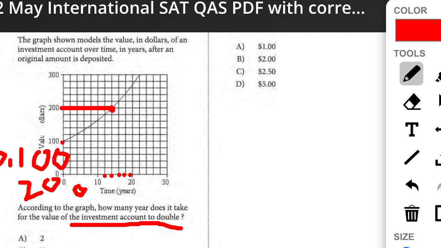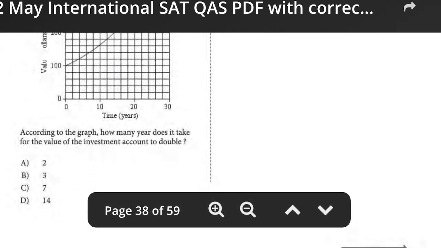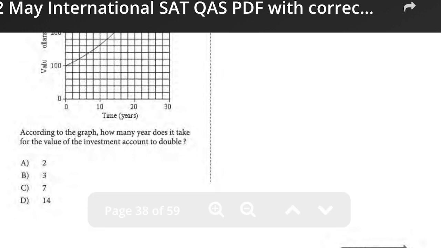So this would be 12, 14, 16, 18, 20. So this would be 14. So in 14 years it has doubled. So number 5 is D.